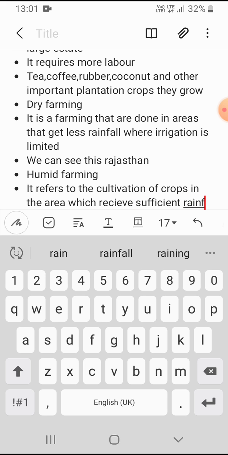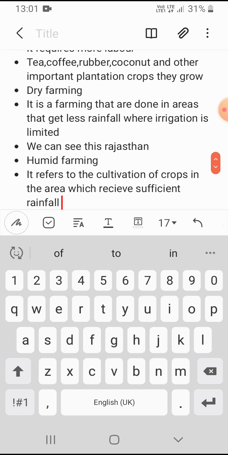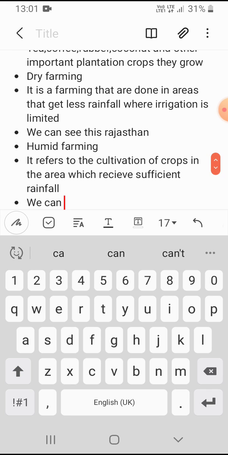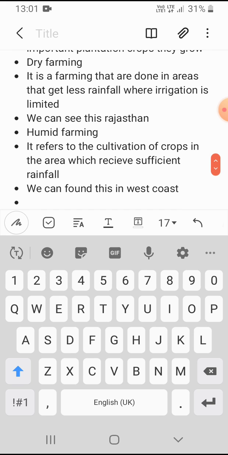That place is called humid farming. We can find this on the West Coast, and we can do farming with the help of irrigation.